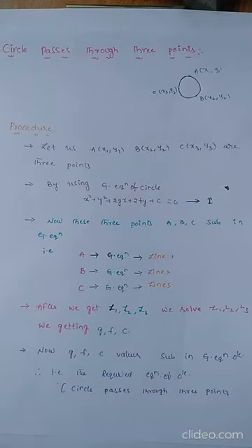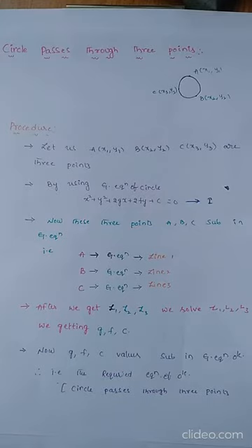Substituting point A in the general equation, we get line L1. In the same manner, substituting point B, we get line L2, and substituting point C, we get line L3. We solve the equations L1, L2, L3 and get the values of g, f, c.